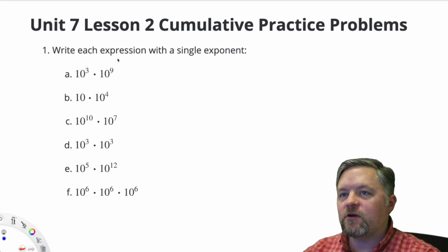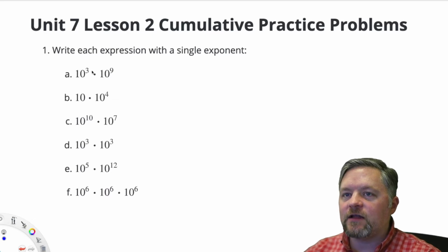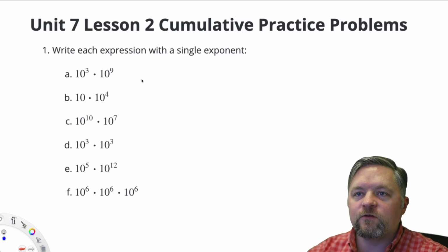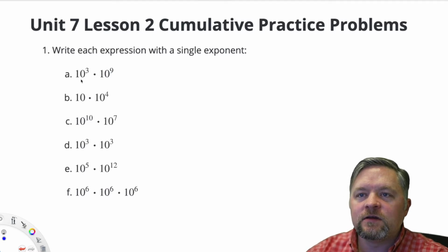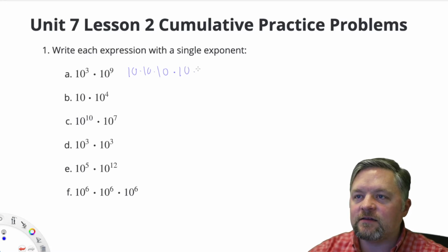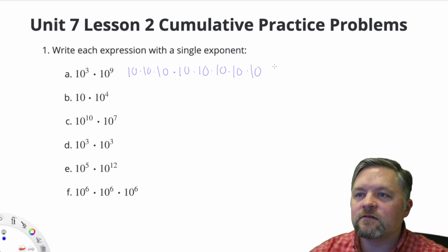First problem here says write each expression with a single exponent. So, quick review of how we do this. 10 to the 3 means 10 times 10 times 10. Times 10 to the 9 is 10 times 10 times 10 times 10 times 10 times 10 times 10.